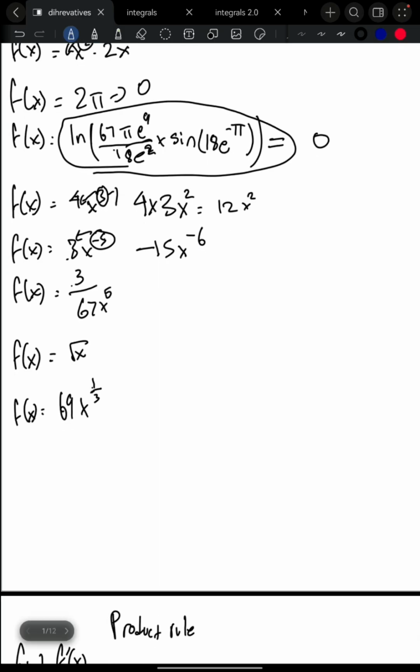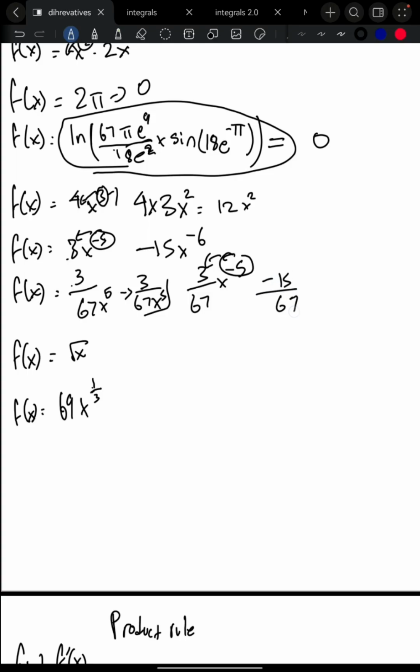Okay, this question is hard, technically. 3 over 67 times x to the 5. This seems hard, but remember, 1 over x to the 5 is just the same as x to the negative 5. So you can rewrite this as 3 over 67 times x to the negative 5, and then you just use the normal power rule. You bring this down, so negative 5 times 3 over 67, that's just negative 15 over 67.